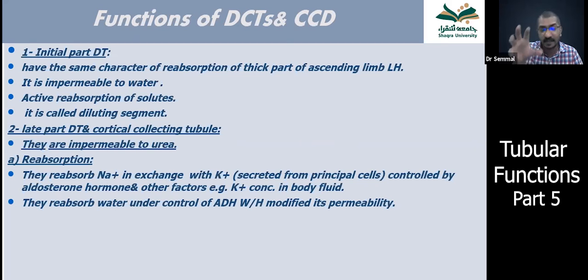They reabsorb water under the control of antidiuretic hormone. One more hormone, antidiuretic hormone. The name itself is very clear. Diuresis is formation of more urine. Diuresis, more urine. Antidiuresis, less urine.